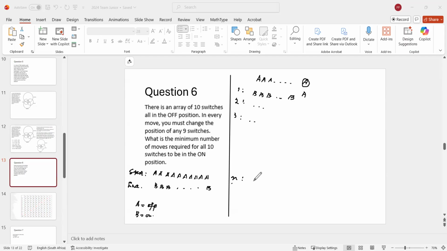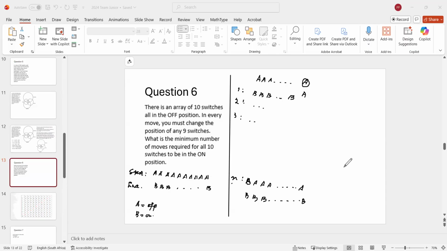The nth move will be something, but the final thing will be all B's. Now, if you want all B's here, it means that the previous one would have had all A's except one. Maybe this was B, and all these were A's. The previous one would have to be like this.